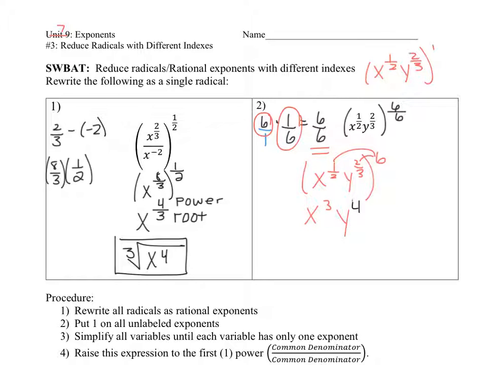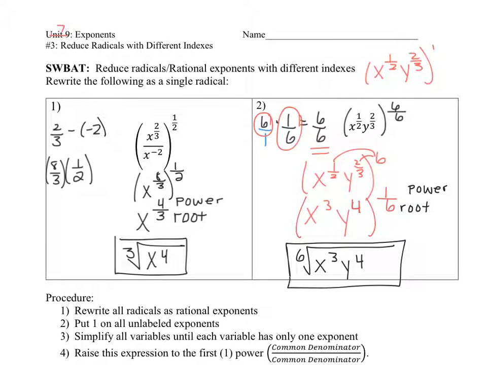So now we've raised it to the 6, and we can raise it to the 1/6. Now you notice this is my root and this is my power. So now it's the 6th root of x to the 3rd, y to the 4th.